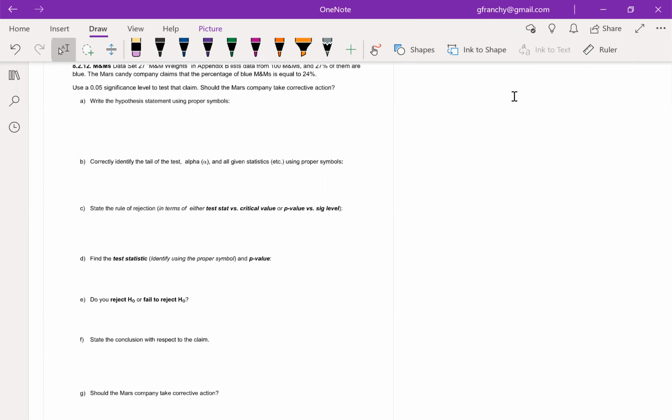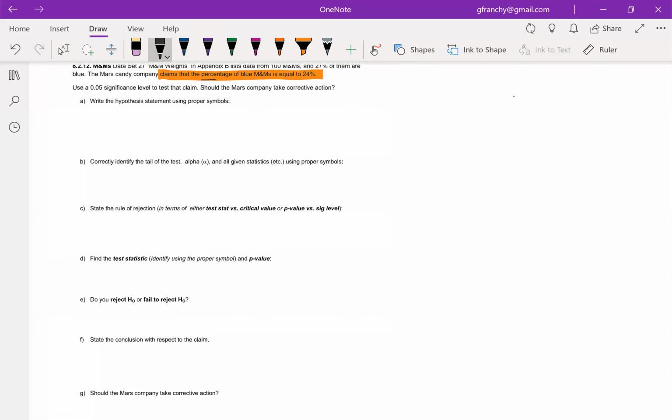So our next question here, 8.2.12, and they tell us that M&M weights in Appendix B lists data from 100 M&Ms and 27% of them are blue. The Mars Candy Company claims that the percentage of blue M&Ms is equal to 24%. So the first thing that we actually want to get is the claim.